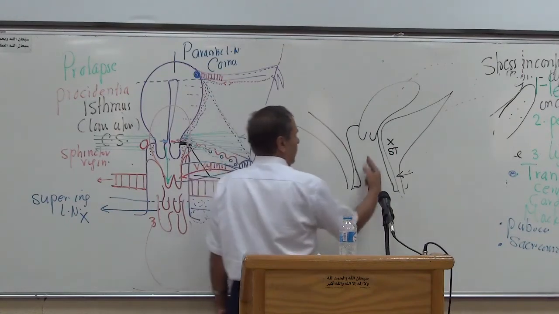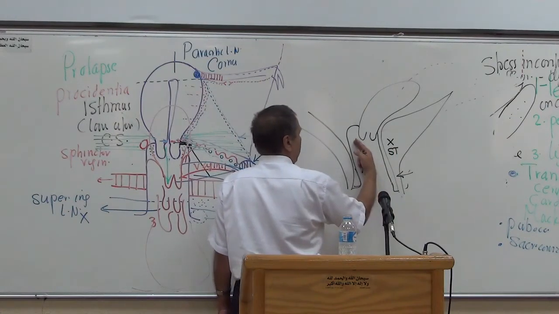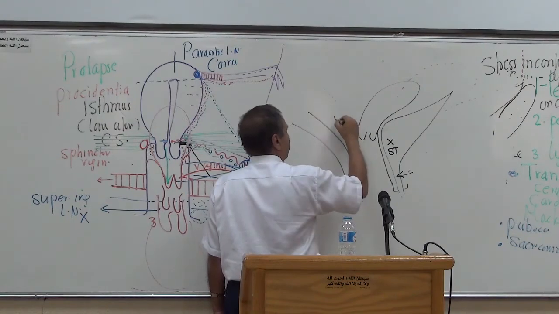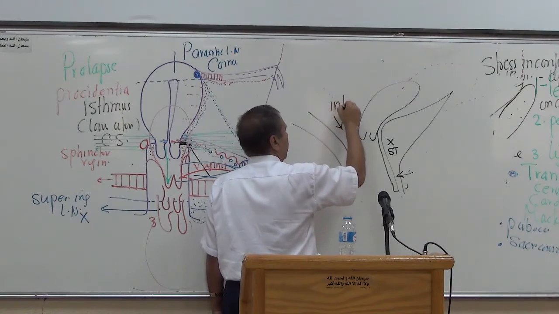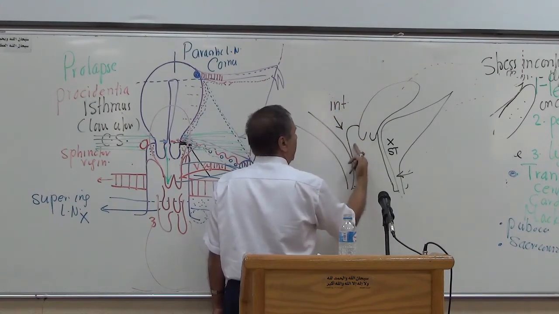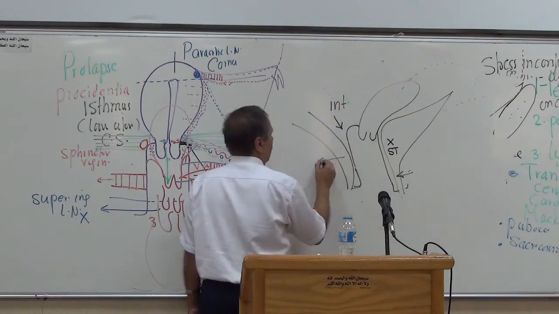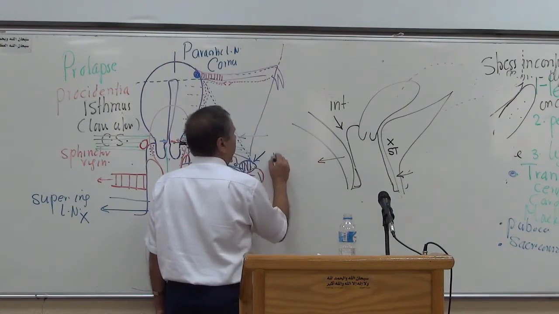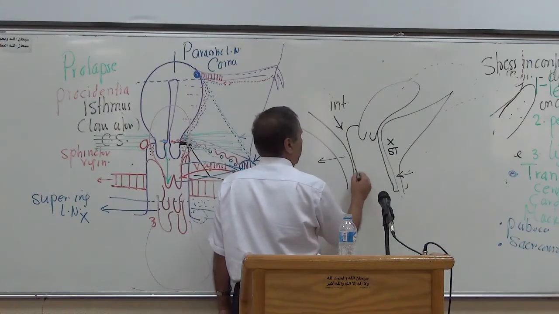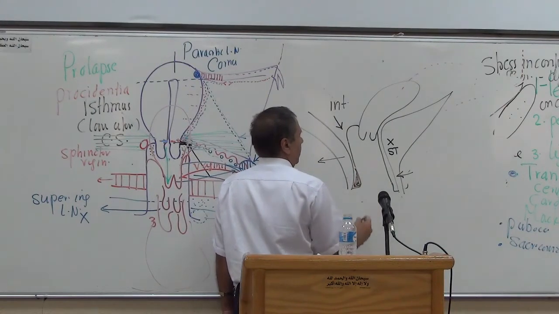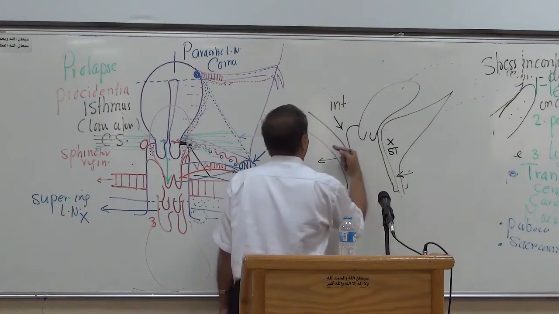When I'm doing PV examination, the upper part of my finger feels the Douglas pouch with the intestine lying inside it, and the middle part of my finger will feel the ampulla of the rectum, and the lower part of the finger will feel the perineal body. This is anterior and this is posterior.